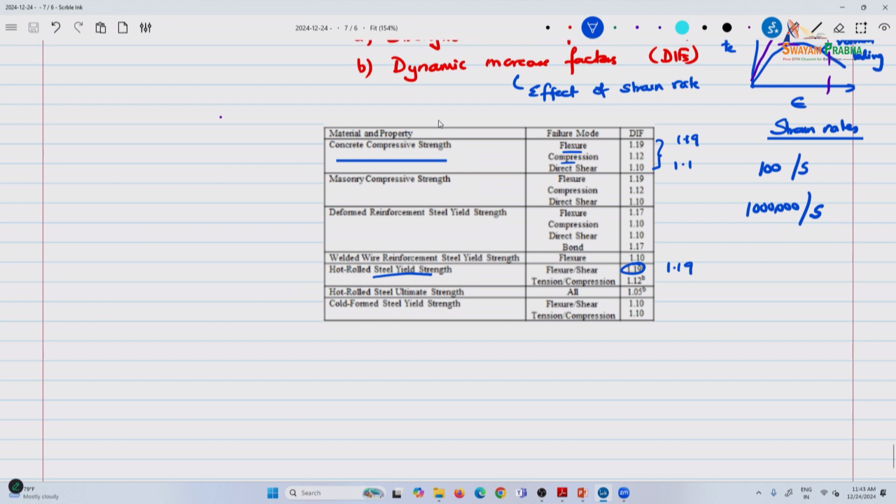As an aside, have you heard of the stress increase in extreme events, like in allowable stress design? You can increase the allowable stress by, let's say, 4/3, 1.33. There's no real research behind that.